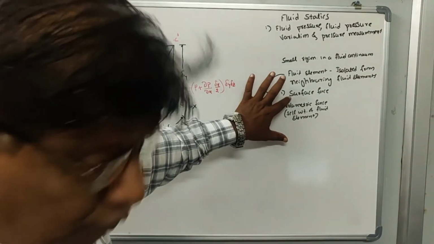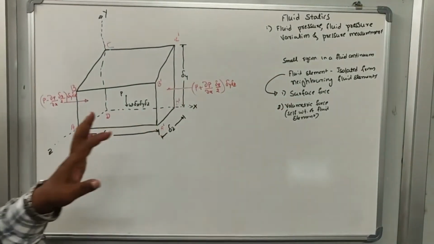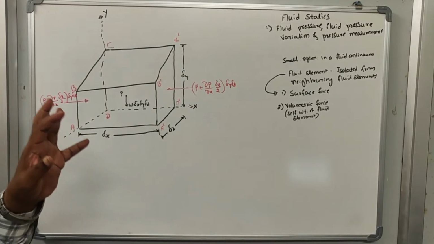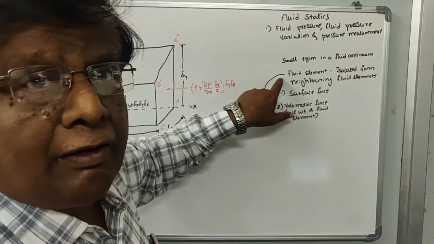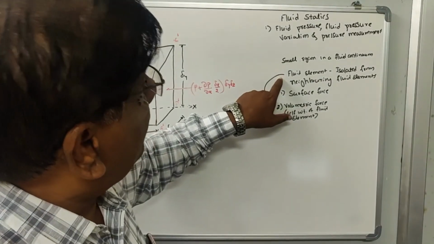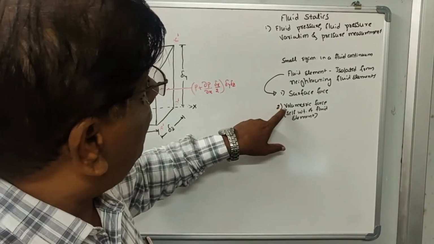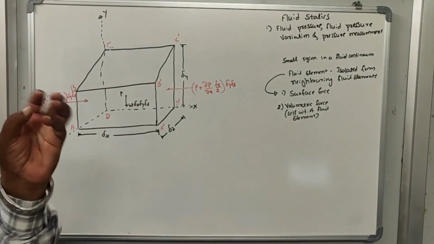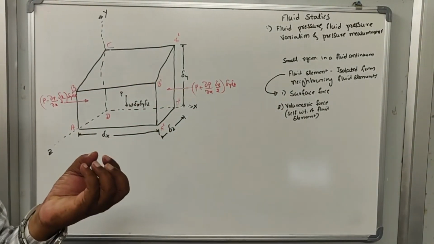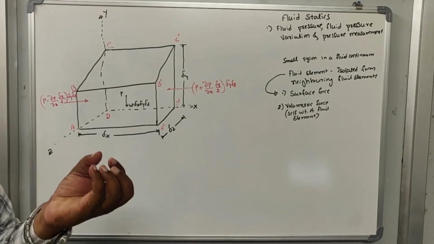What is the surface force? Surface force is a force acting on the surface of the fluid element. Then the volumetric force, or the self weight, is the self weight of the element acting at the CG point of the element.